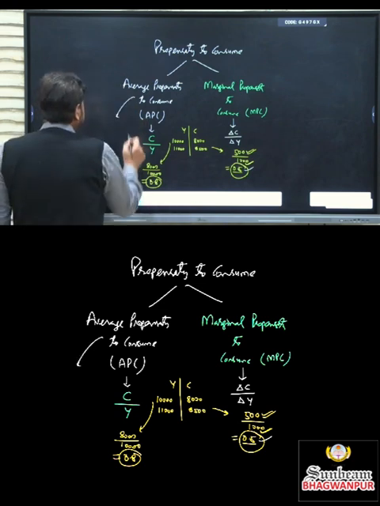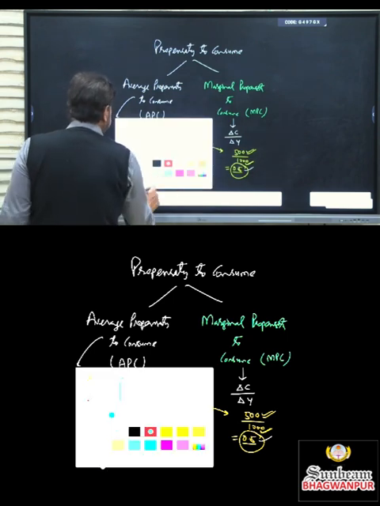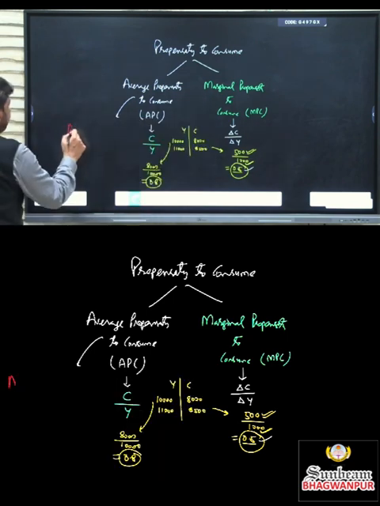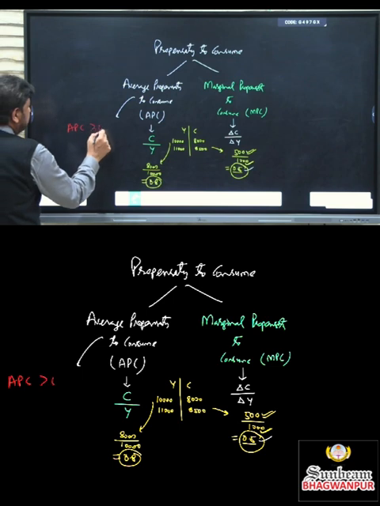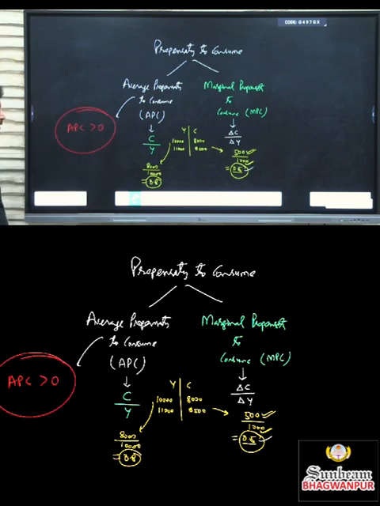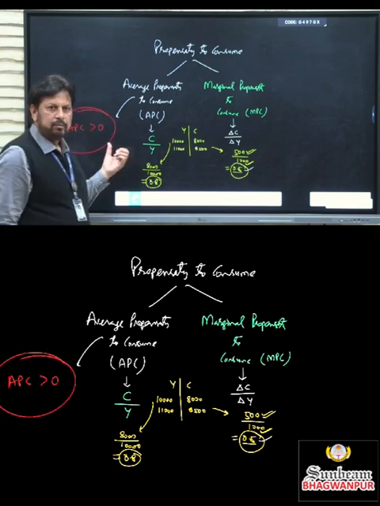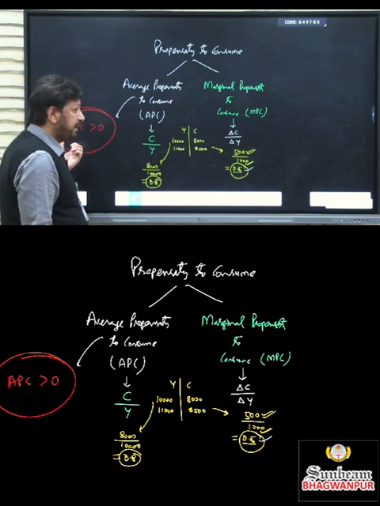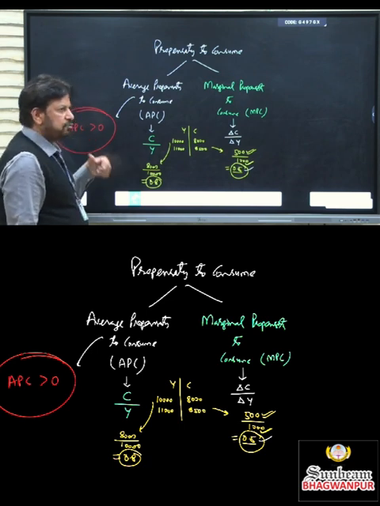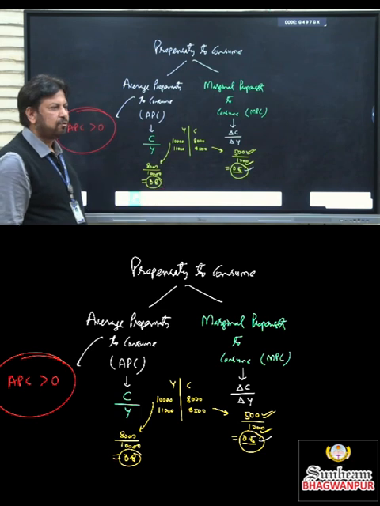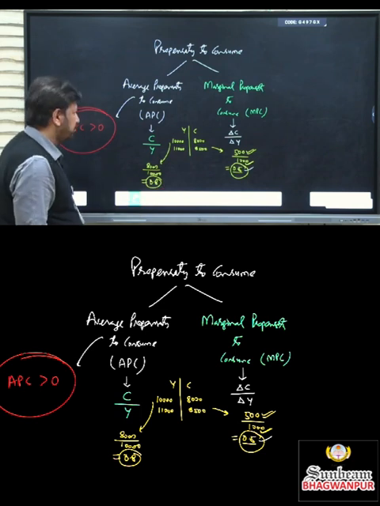One very important thing, APC is always greater than 0. It can never be 0 or negative. APC is always positive and its value is always more than 0.